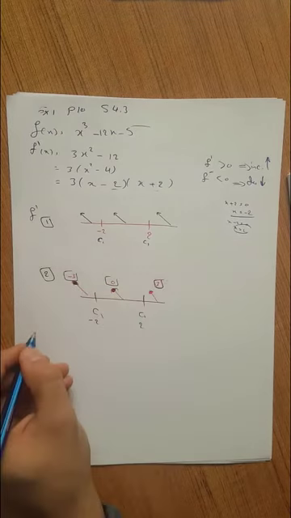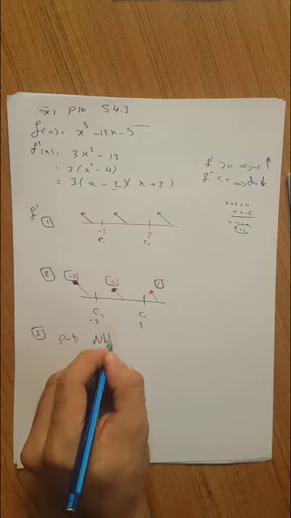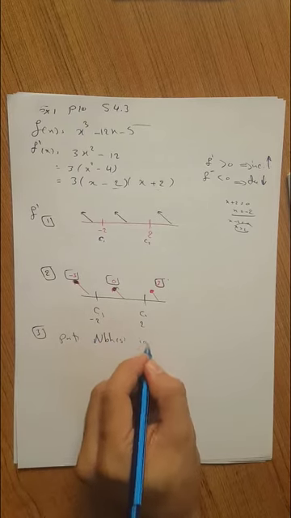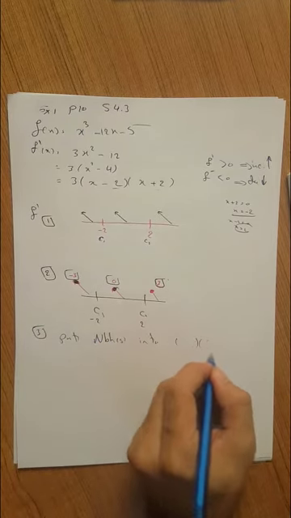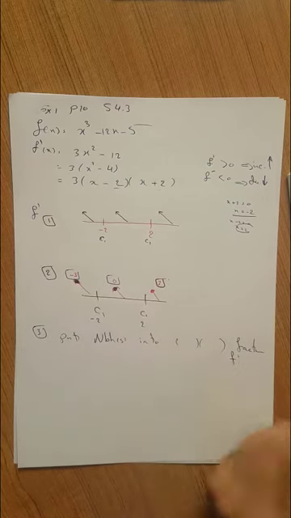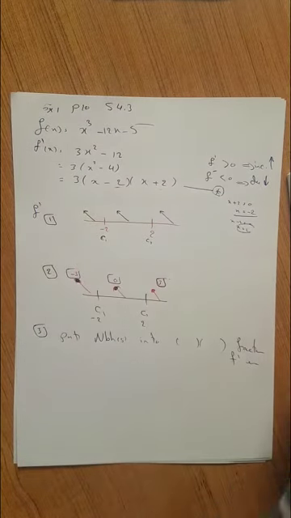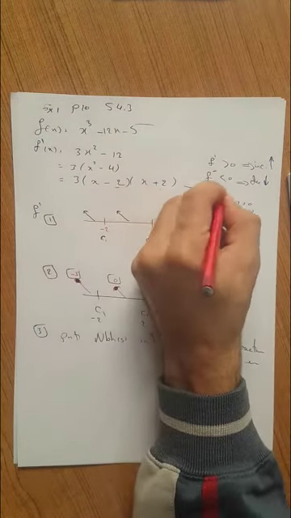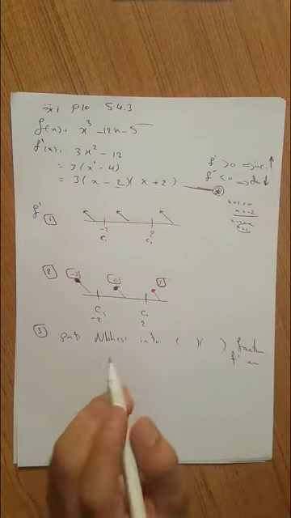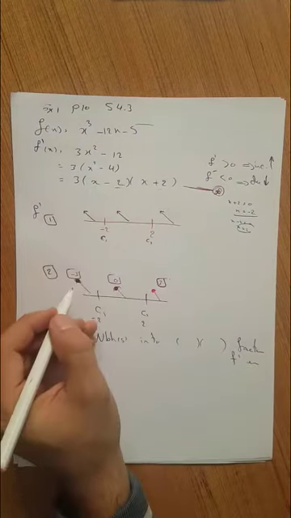Okay, step number 3, put the neighborhood points into the factors, or into the first derivative equation, which is equation star. Okay, here's equation star. So put -3 here. Okay, I have what?